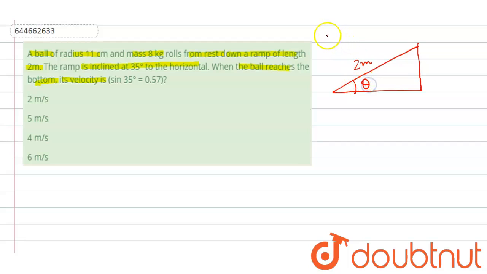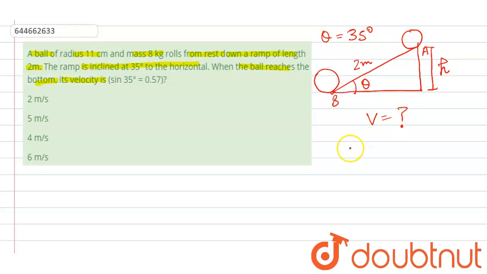Theta is given here, that is 35 degree, and let us suppose its height is h. So a ball is rolled down from this point A and it reaches the point B with velocity is given. With velocity we have to find the velocity v.